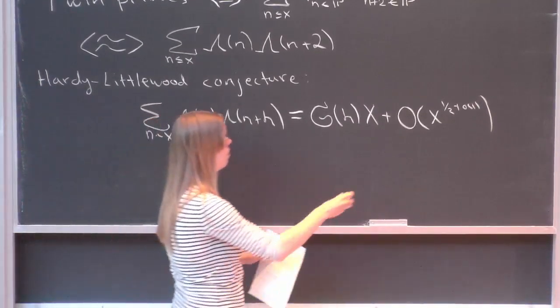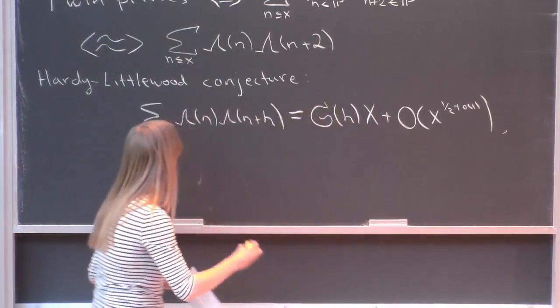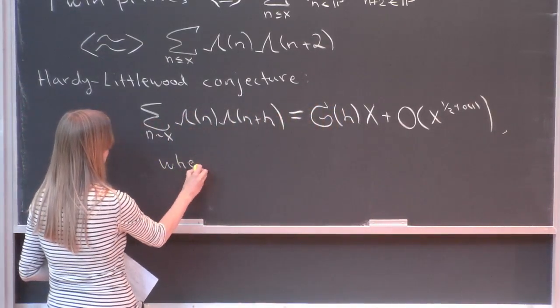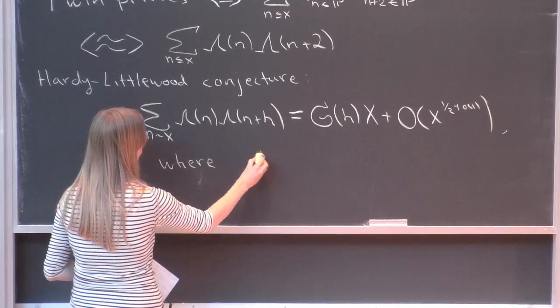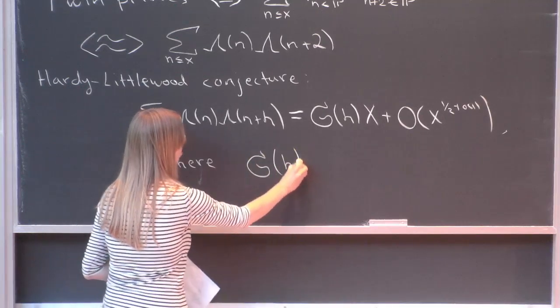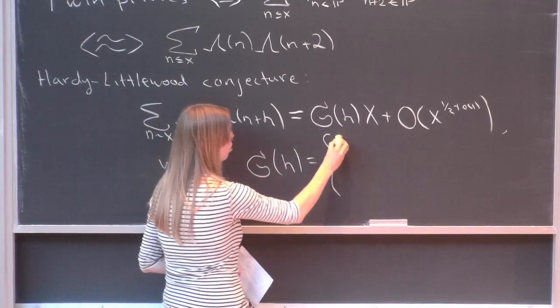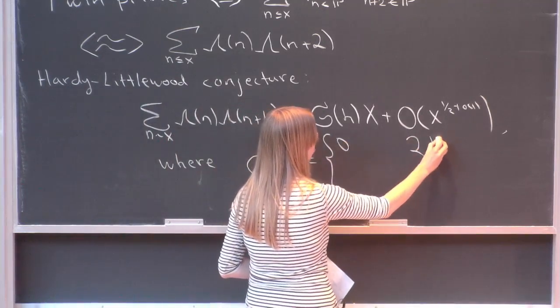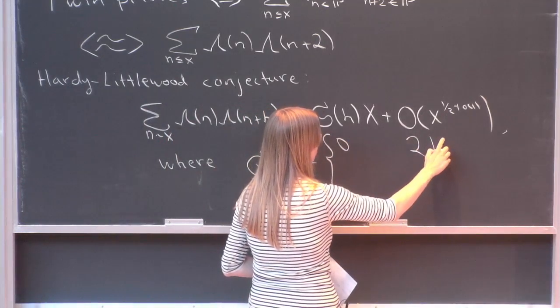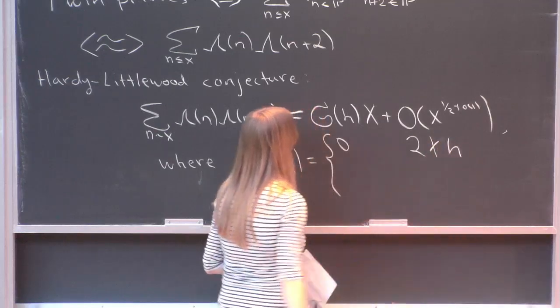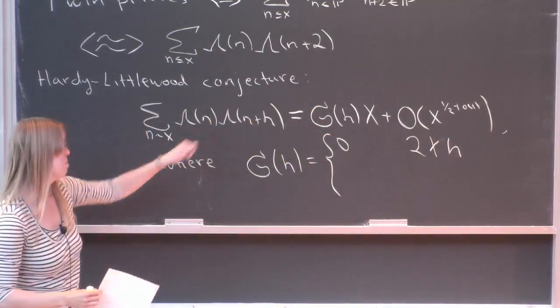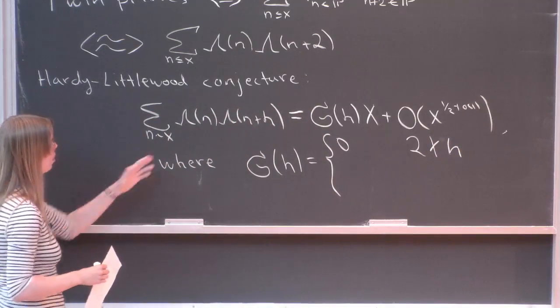Here, let me define this singular series. G(h) is 0 if h is odd, because then there are not many pairs of things that are both primes.